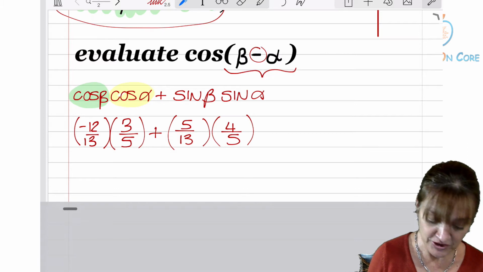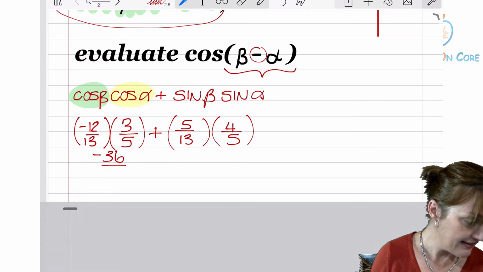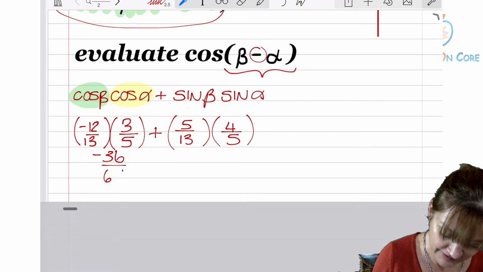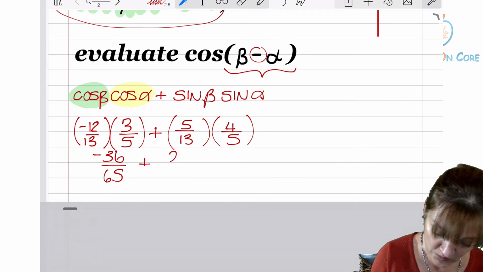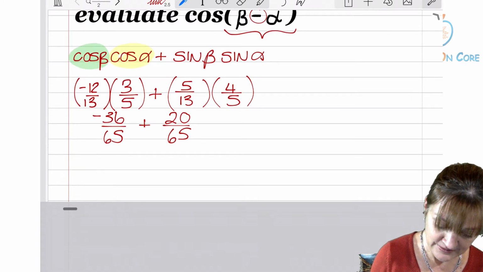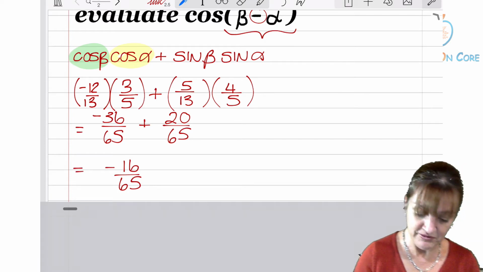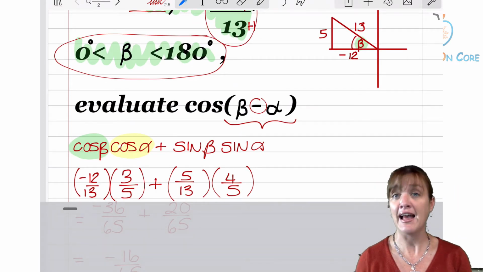Just multiplying your terms together, we're going to land up with negative 36 over 65 plus 20 over 65, and that is going to simplify to negative 16 over 65. And there we go. We've evaluated it. We've given it a value.